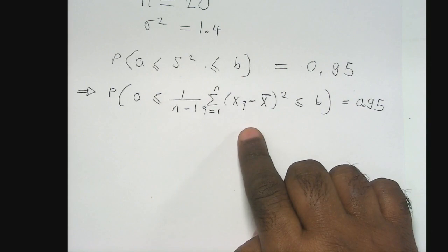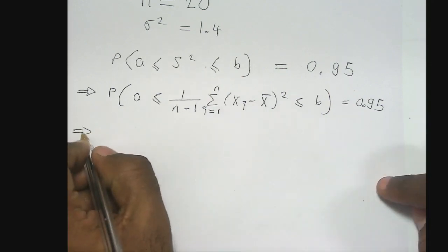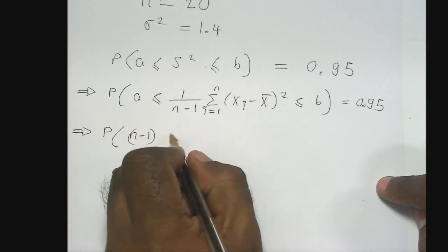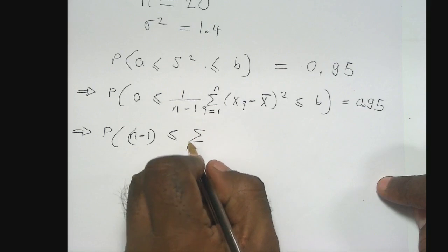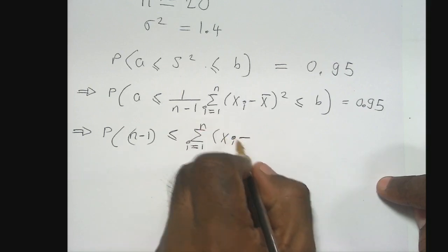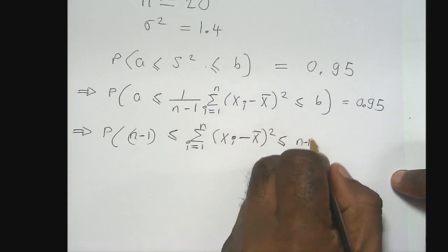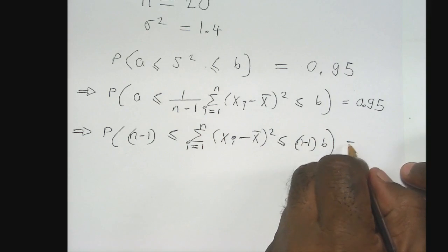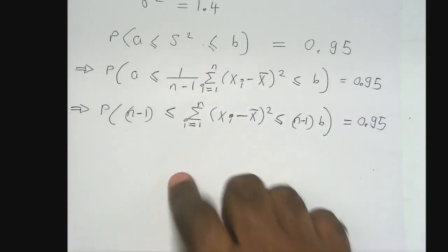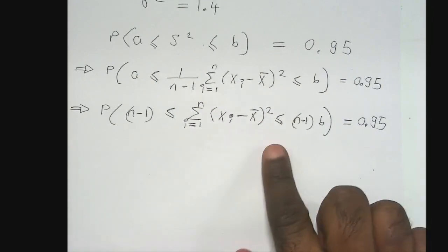Now I'm going to multiply this by n minus 1, so you get this.